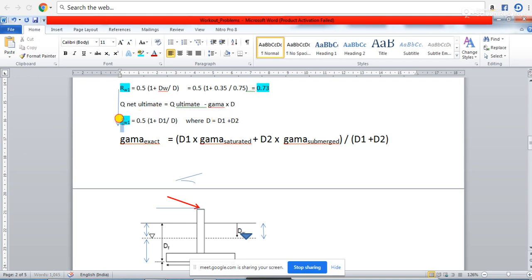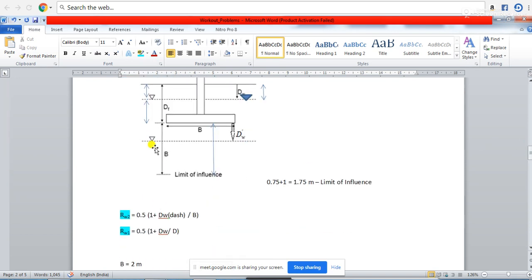So both ways you can do it, but the Indian Standard Code says that up to below the base of the footing you go with the interpolating formula, that is the RW value. That means below the base of the footing, up to this B depth, you go with this RW formula.